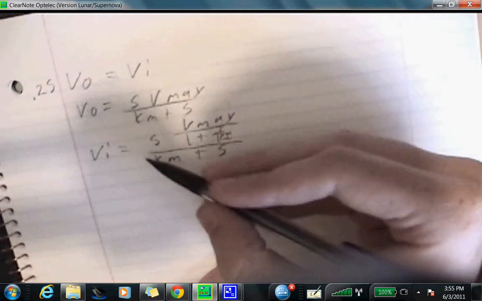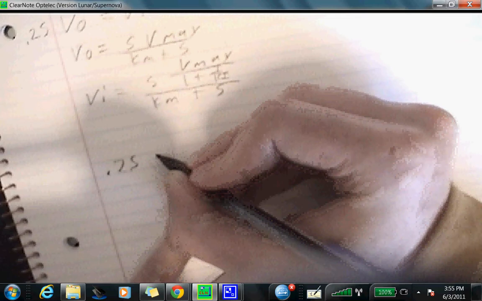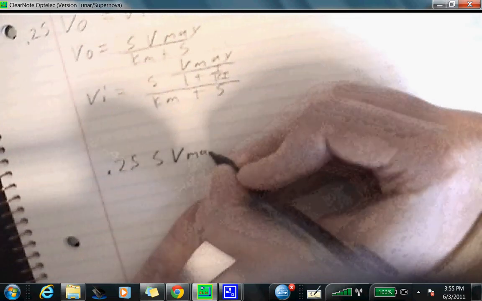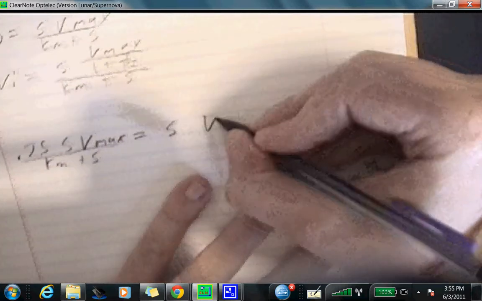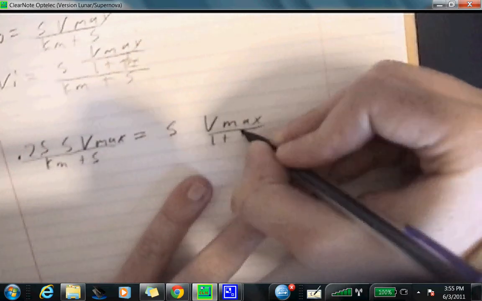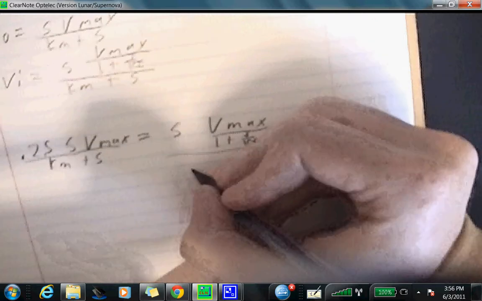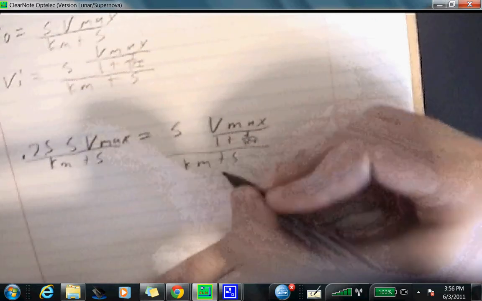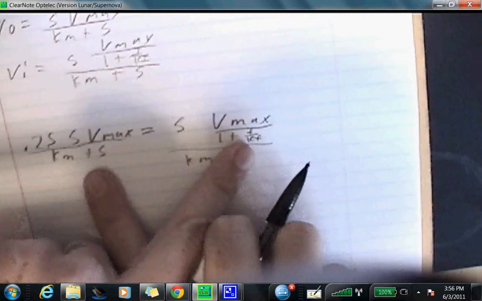So now I'm going to plug these two into here. So 0.25 S Vmax divided by Km plus S is going to equal S Vmax divided by 1 plus I over Ki divided by Km plus S. I'm going to flip this and multiply.